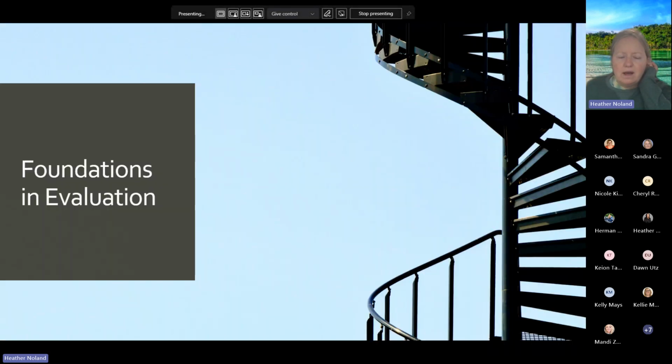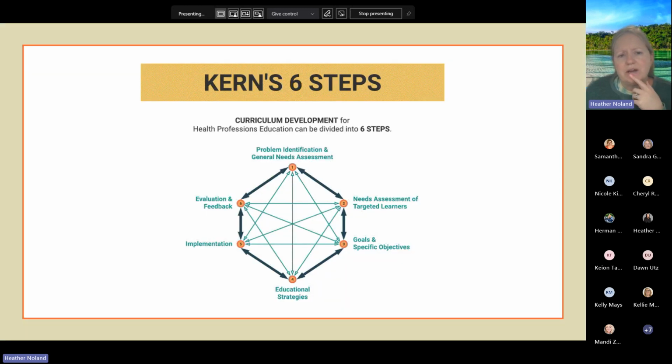When we are looking at evaluating or assessing the impact of our simulation, there are several things embedded within simulation pedagogy that inform what we're doing. Some of you might be familiar with Kern's six-step approach for curriculum development. This six-step method came out of medical education, but is absolutely applicable to what we do. One of the six steps is evaluation and feedback.